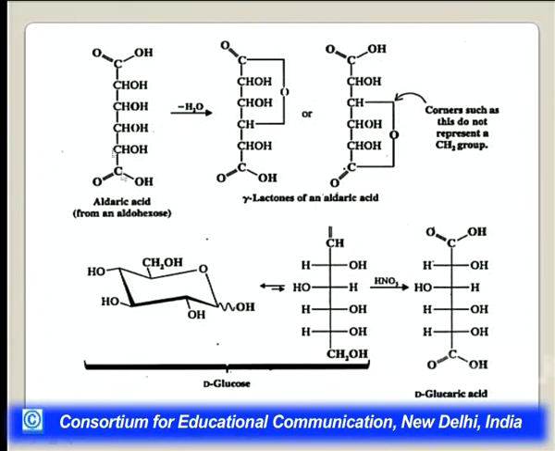This is aldaric acid where both the terminal groups are carboxylic acid, and they are certainly obtained from an aldohexose, and with the removal of a water molecule the lactone forms, or we can simply heat it and you will get this kind of gamma lactone of an aldaric acid. The corners do not represent a CH2 group. We are talking about these. We are just representing it. You can make a circle also, not the corners.